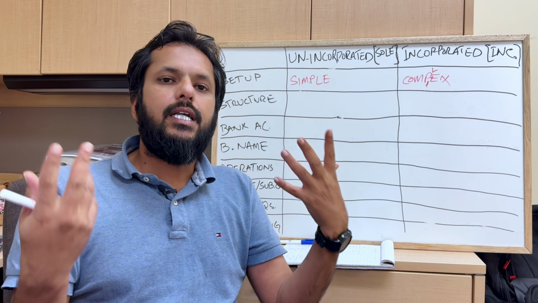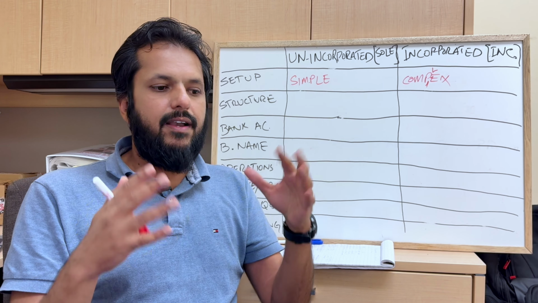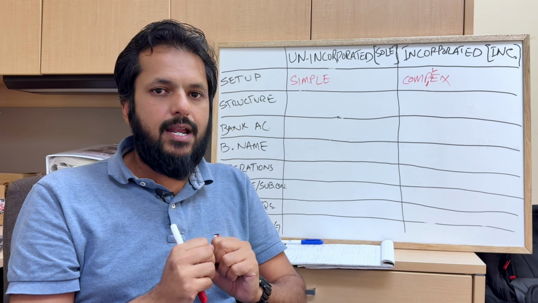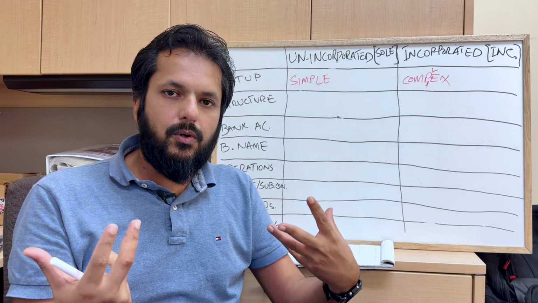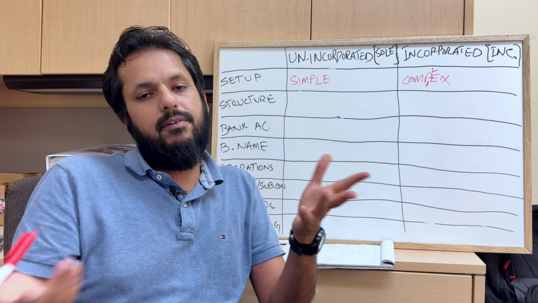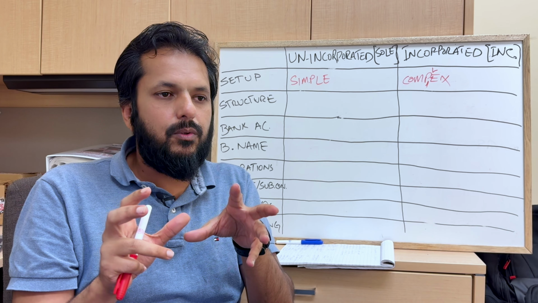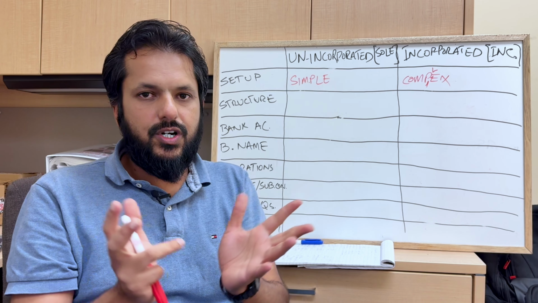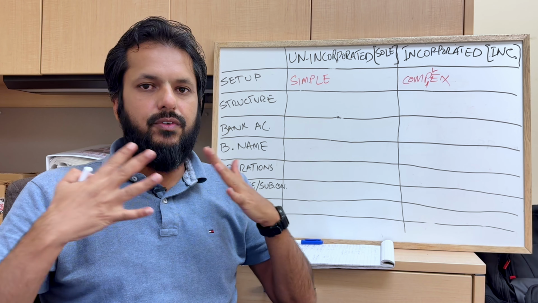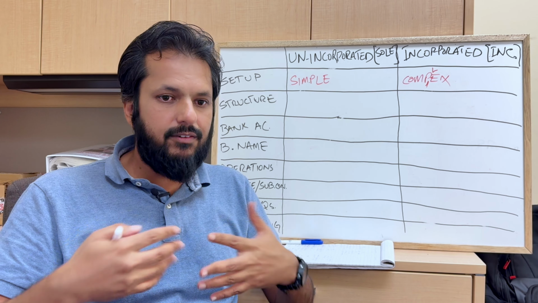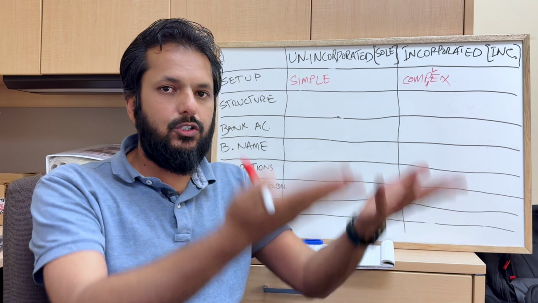If I'm thinking of not incorporating, the structure is just going to be myself. And if I look at it from the tax standpoint, I'm just going to be a sole proprietor or self-employed. Sole proprietor and self-employed is the simplest structure that is attached with you. Your business is yourself.